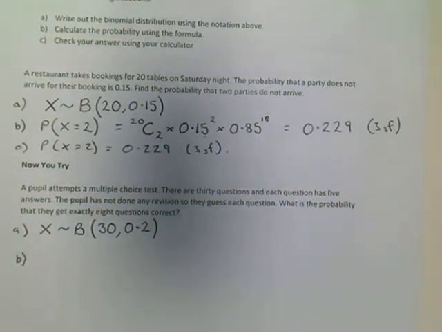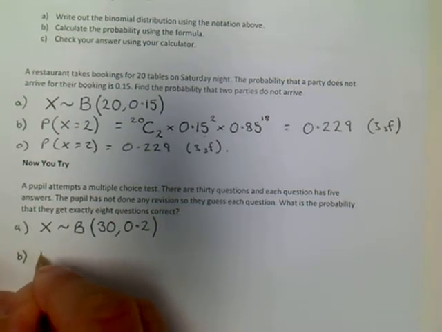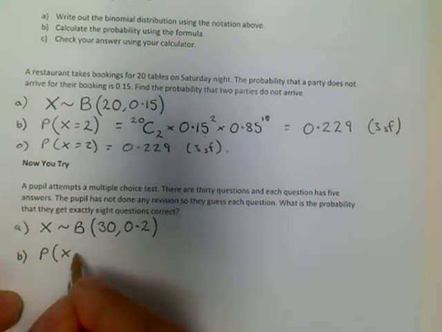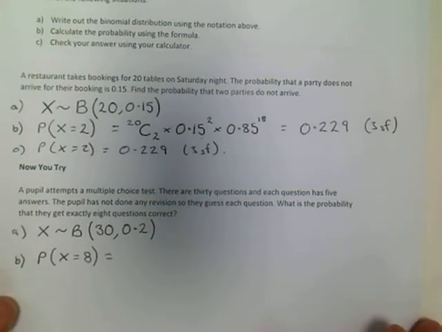What is the probability that they get exactly 8 questions correct? So this time I want to know my probability of x being equal to 8. So I'm going to do it the long way.